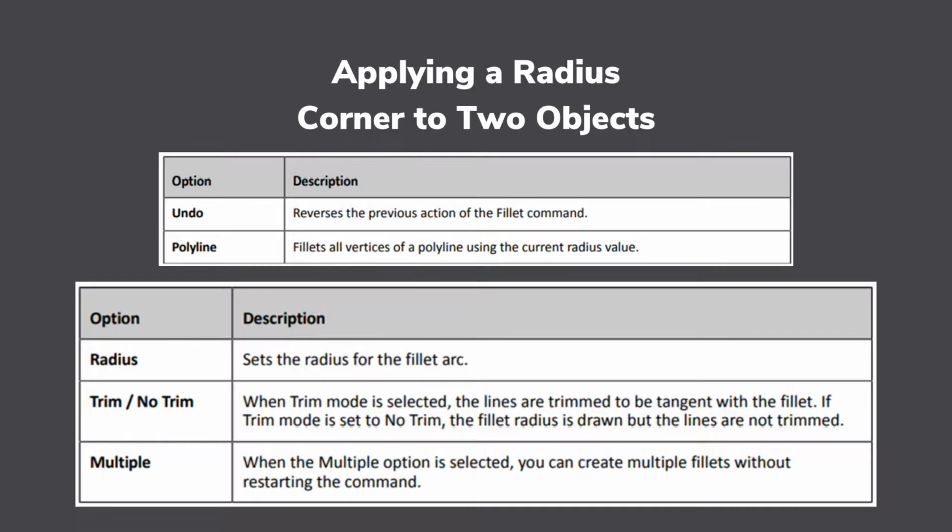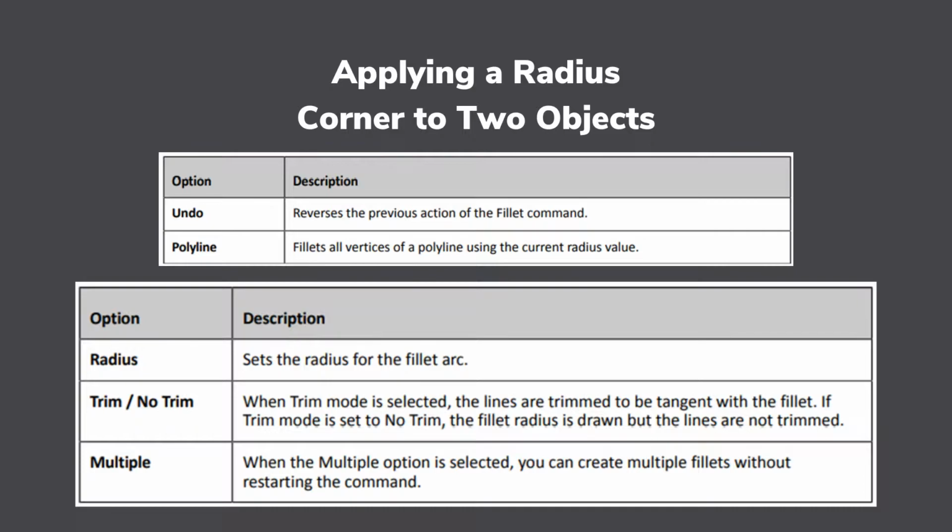So ibig sabihin, when trim mode is selected, the lines are trimmed to be tangent with the fillet. If trim mode is set to no trim, the fillet radius is drawn but the lines are not trimmed. And the last option is the multiple. So ibig sabihin, when the multiple option is selected, you can create multiple fillets without restarting the command. Okay?